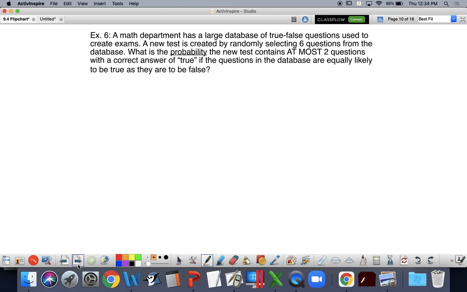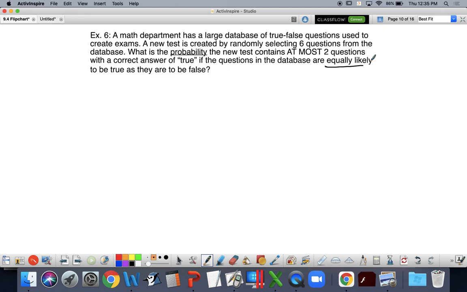What is the probability that the new test contains at most 2 questions with a correct answer of true if the questions in the database are equally likely to be true as they are to be false? Notice we always have to have this, especially on an ACT question, they have to tell you all of these things are equal. Assuming like when you flip a coin, it really is 50-50, it's not an unbalanced coin, that type of thing.